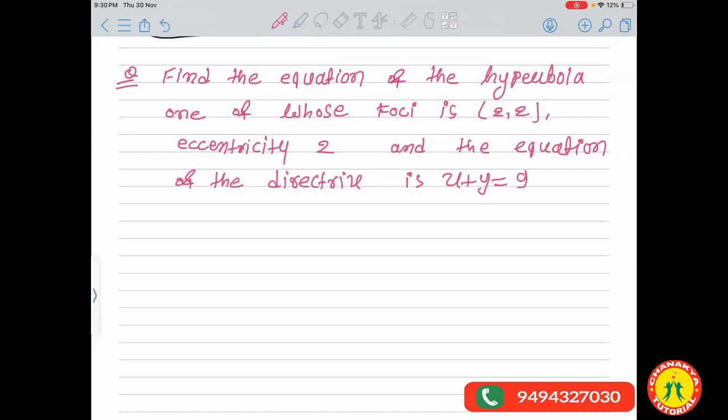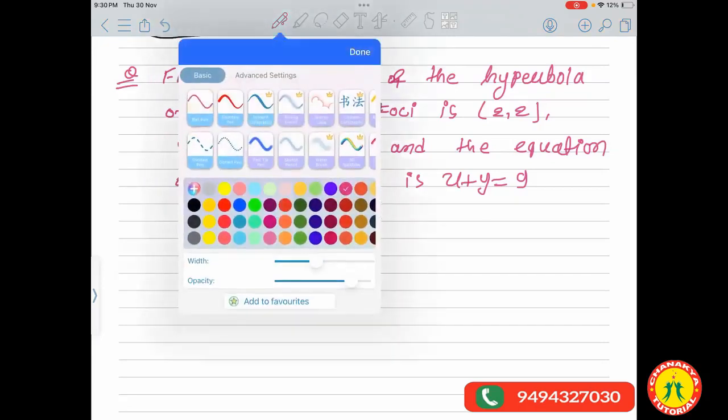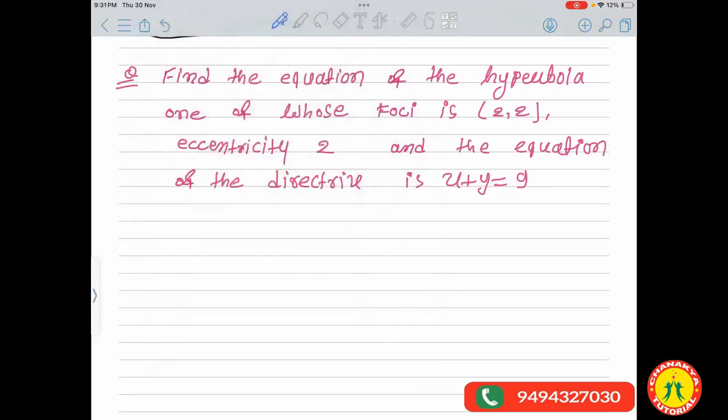Everyone solve this question. This is a very basic question we can do.